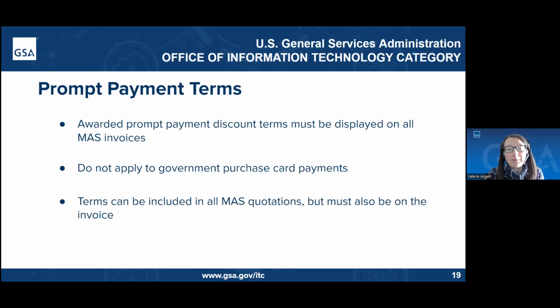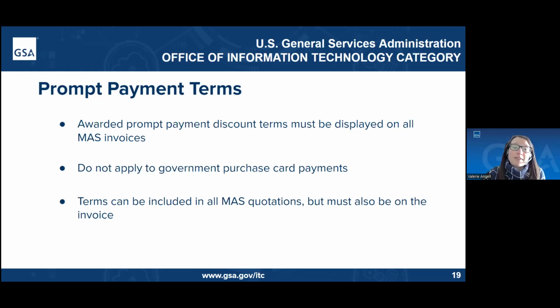Typically, any prompt payment discount on a contract will have been negotiated and agreed upon prior to contract award. It's really important to note that if you have a prompt payment discount on your contract, your awarded prompt payment discount terms must be displayed on all of your MAS invoices. So all of your invoices must display your PPD terms.